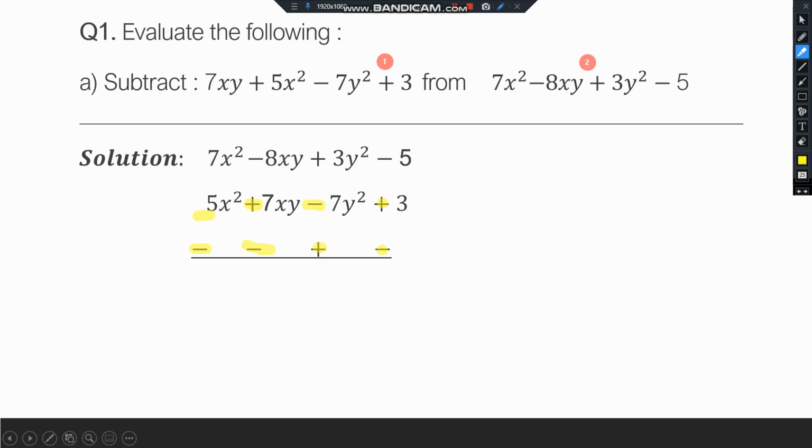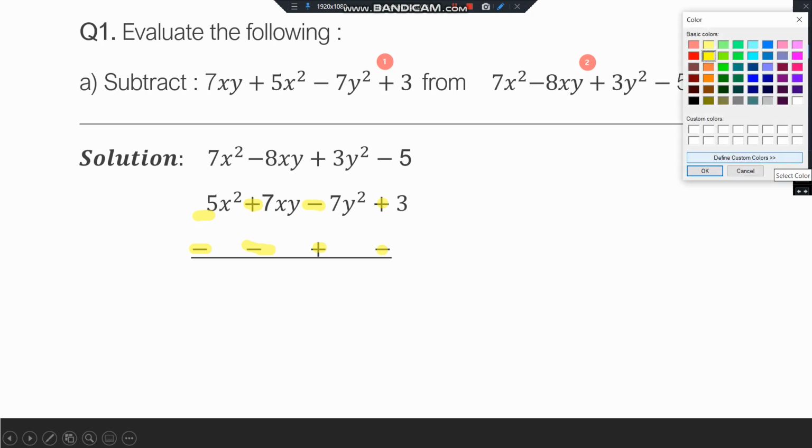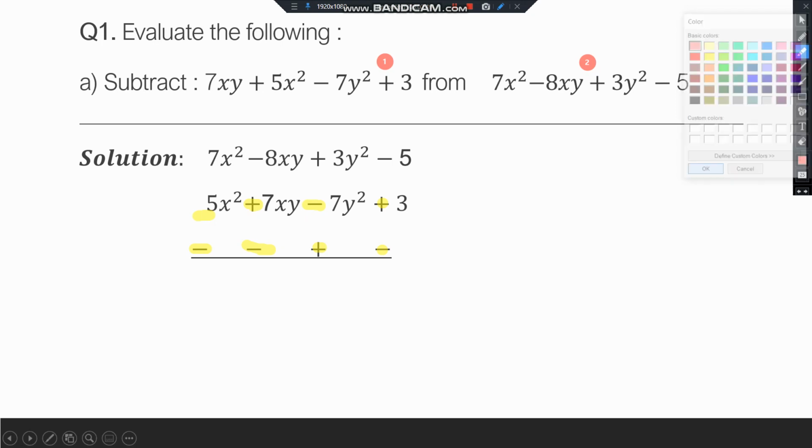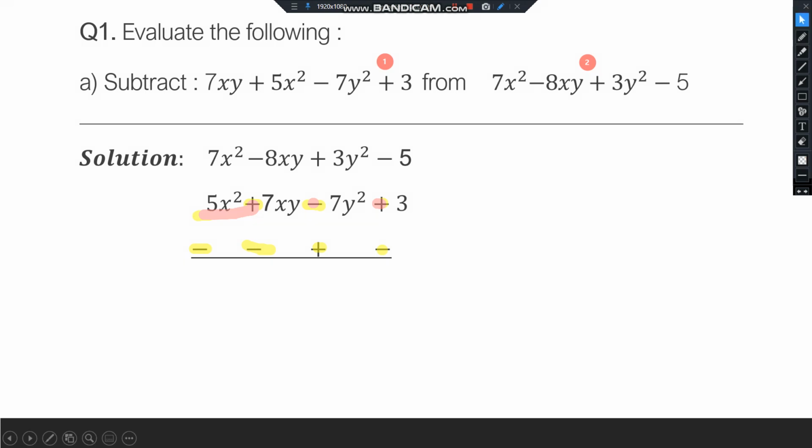Plus becomes minus. So the sign of the lower row gets changed, and that is how these signs will not be valid now. This sign we will not consider now. So 7 minus 5 we will do here.